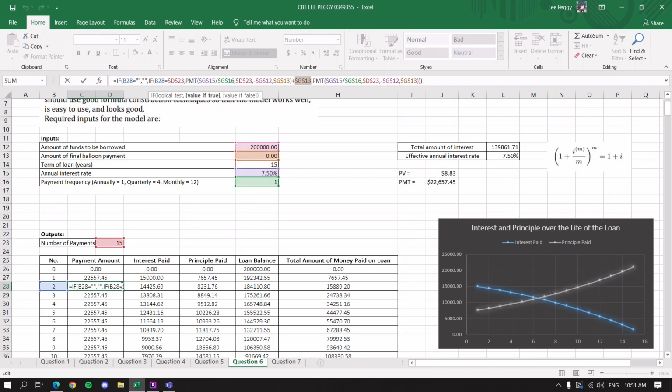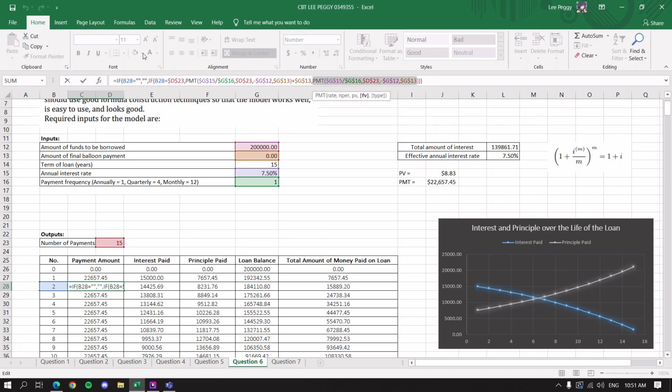So if it's the last payment, then it should add the final balloon payment. If it's not, which means it's a normal middle payment, then we should just include the payment amount.